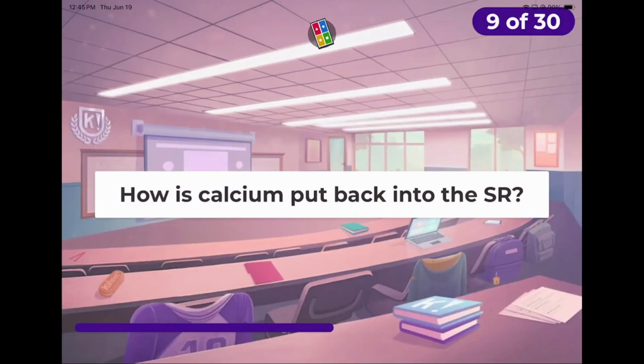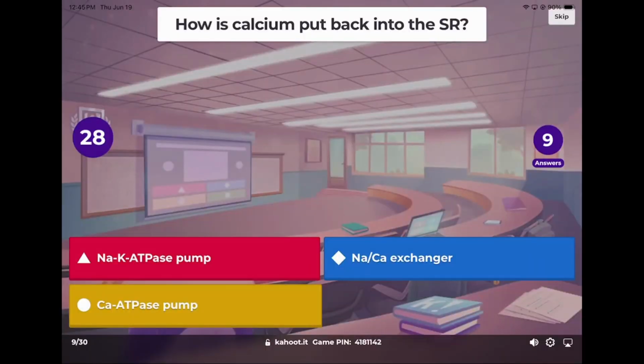How is calcium put back into the SR? I said SR only. I didn't say out of the cell. Read the questions. So the sodium-potassium ATPase pump, does that have anything to do with calcium really?